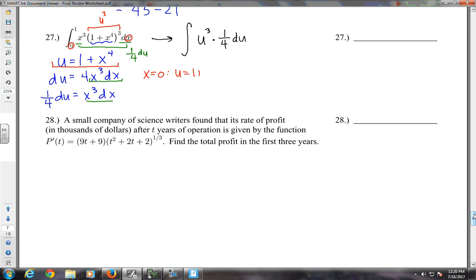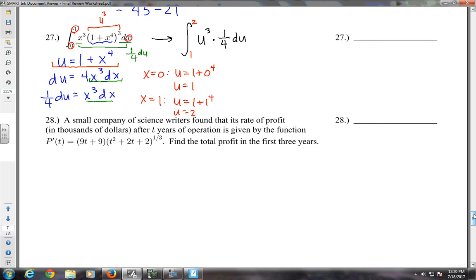U would be 1 plus 0 to the 4th, or u would be 1. So my previous lower limit, x equals 0, is now my lower limit, u equals 1. Let's do the same thing for the upper limit. When x equals 1, u is 1 plus 1 to the 4th, or u is 2. So my new upper limit is 2.